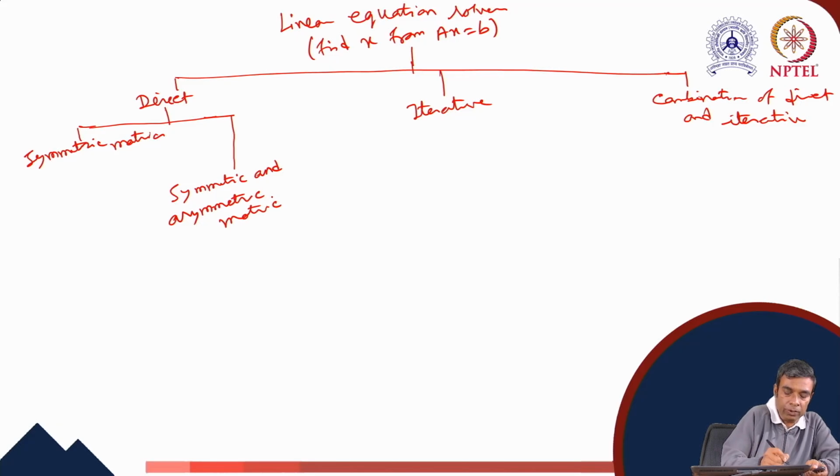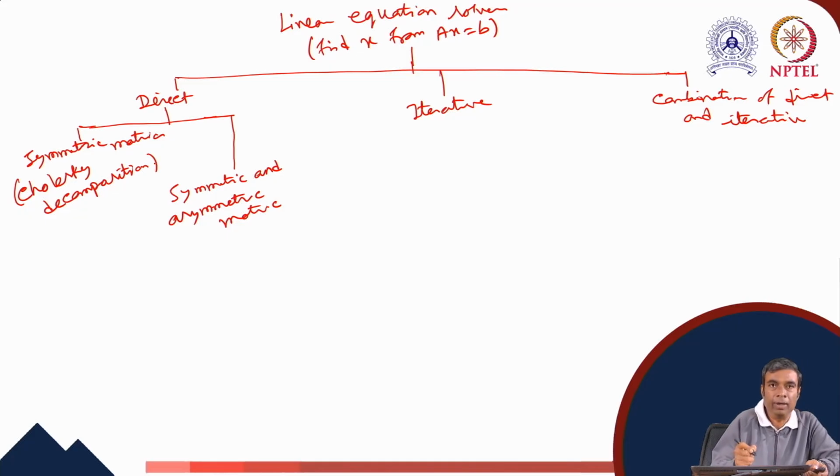For the symmetric methods, we have the Cholesky decomposition. In the common methods, the most prominent method is the Gauss elimination.